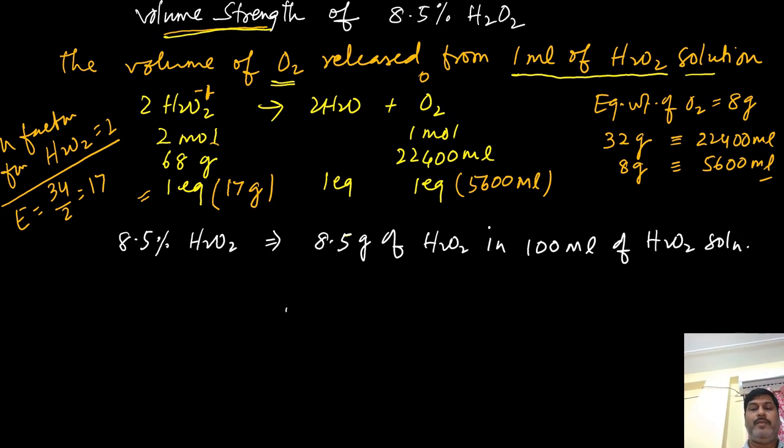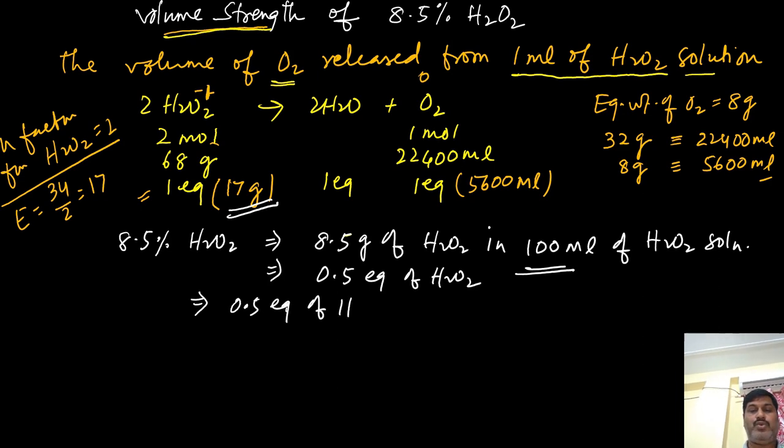So 8.5 gram implies that here we have 0.5 equivalent of H2O2, because 17 gram is one equivalent, so 8.5 gram is equal to 0.5 equivalent of H2O2, and that is in 100 ml. It means when one equivalent is giving 5600 ml, 0.5 equivalent of H2O2 will give 2800 ml.